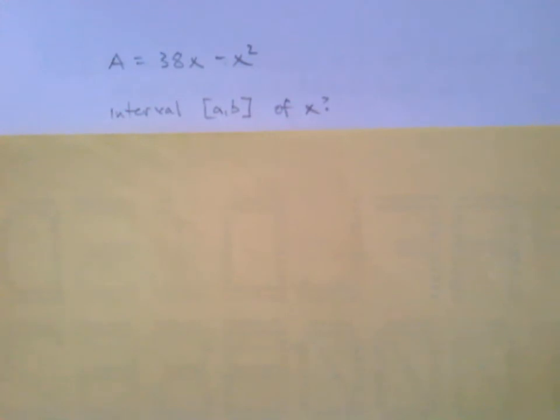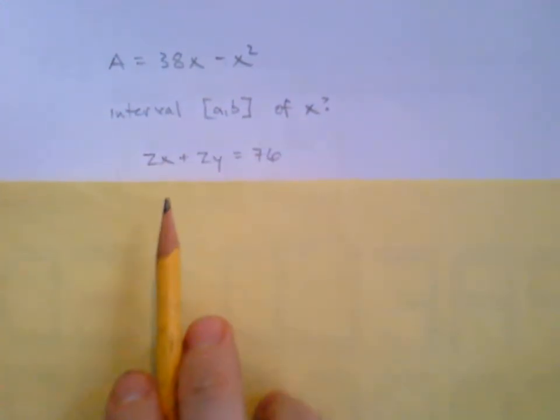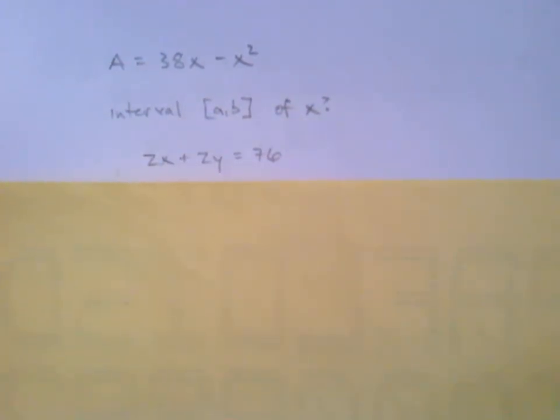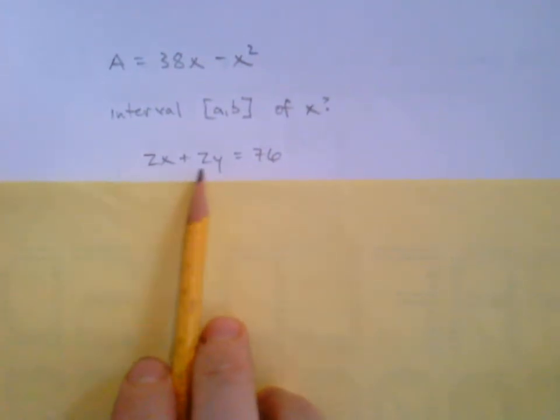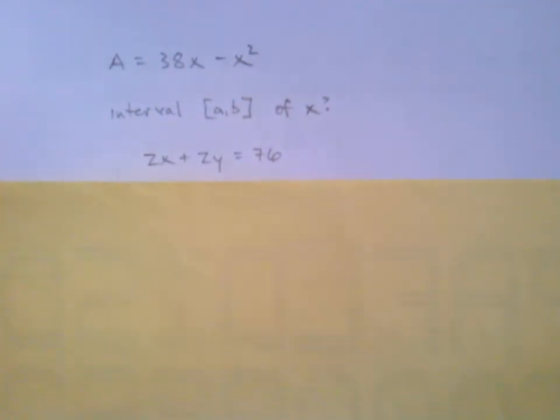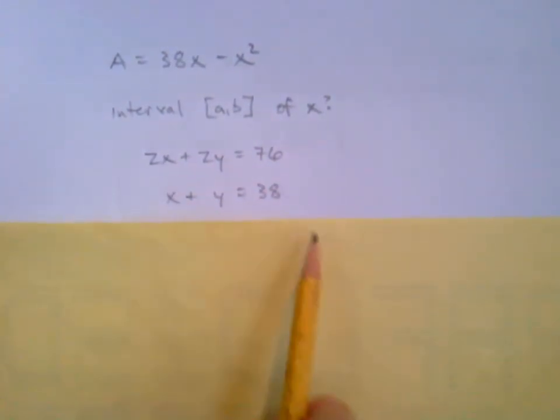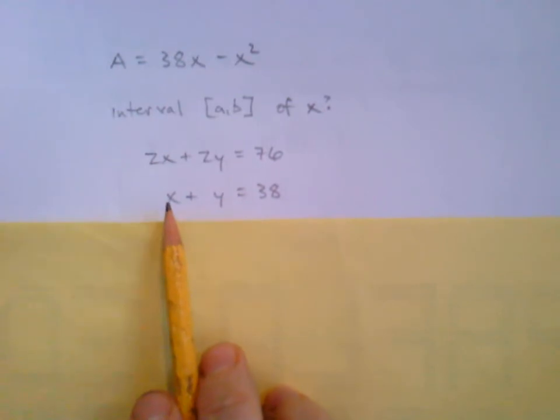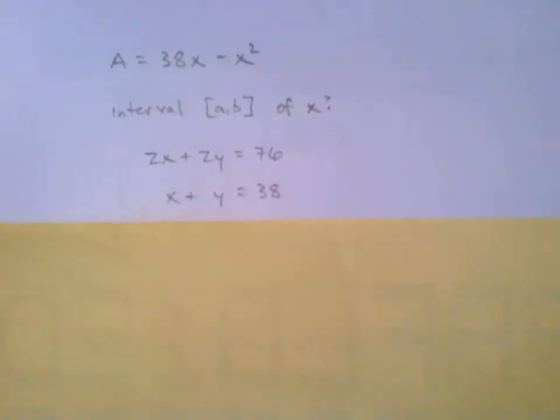Well, again, we're going to look back at our constraint. If 2x plus 2y equals 76, and if you simplify that, which you might have even thought of earlier, x plus y equals 38. Think of it in the simplified form. It'll be a little bit easier for us.